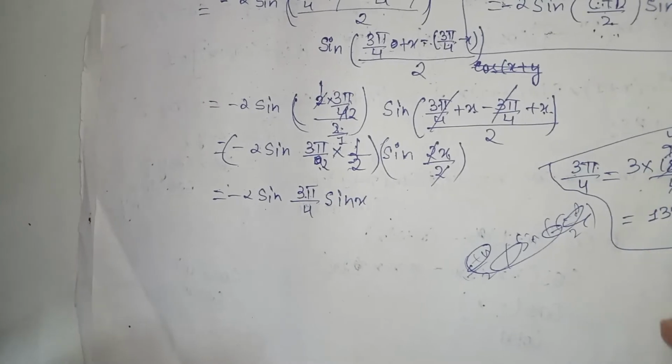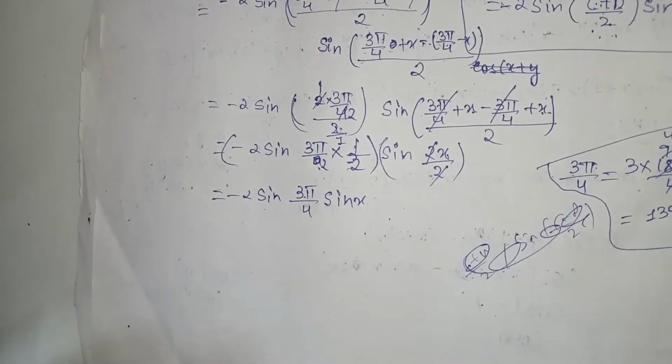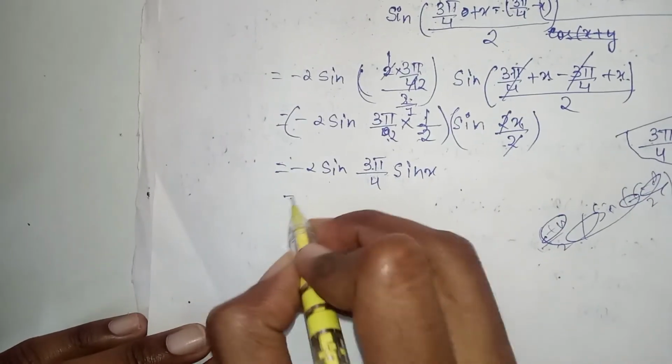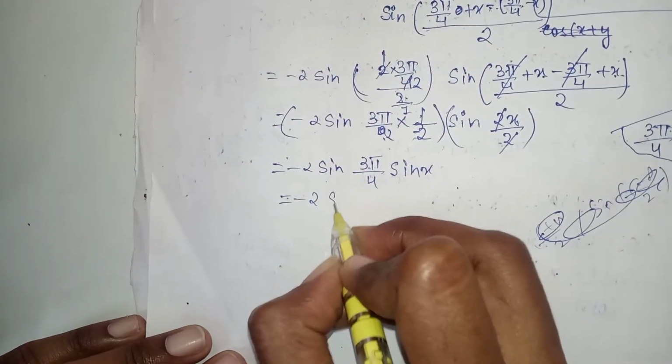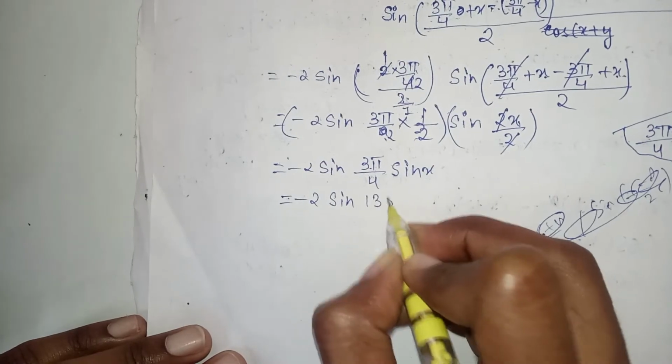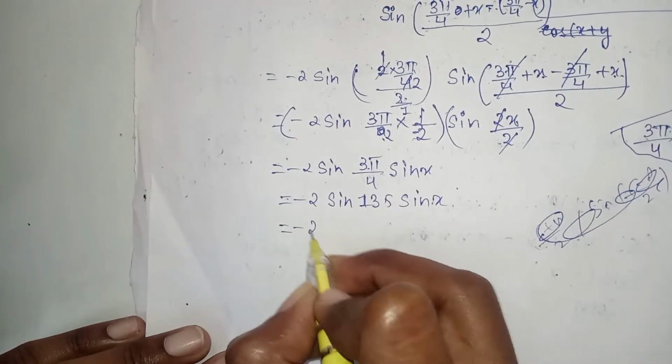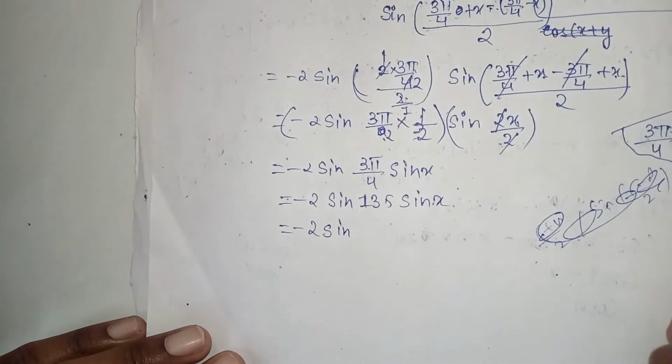So 3 into 180 by 4, that is 3 into 45, which is 135. So minus 2 sin 135 sin x. So as we know 135, how can we write it?